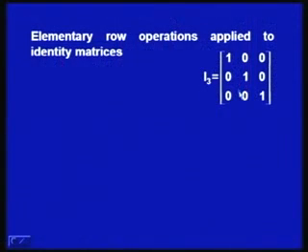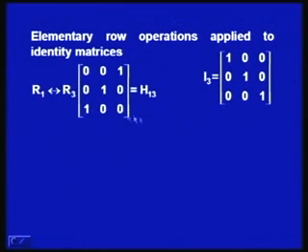Now, when these elementary row operations are applied to an identity matrix, let us say I consider I3, that is a 3 by 3 identity matrix, and I apply an operation R1 interchange R3. When I interchange the first row with the third, then this one will come here and this one will come here.